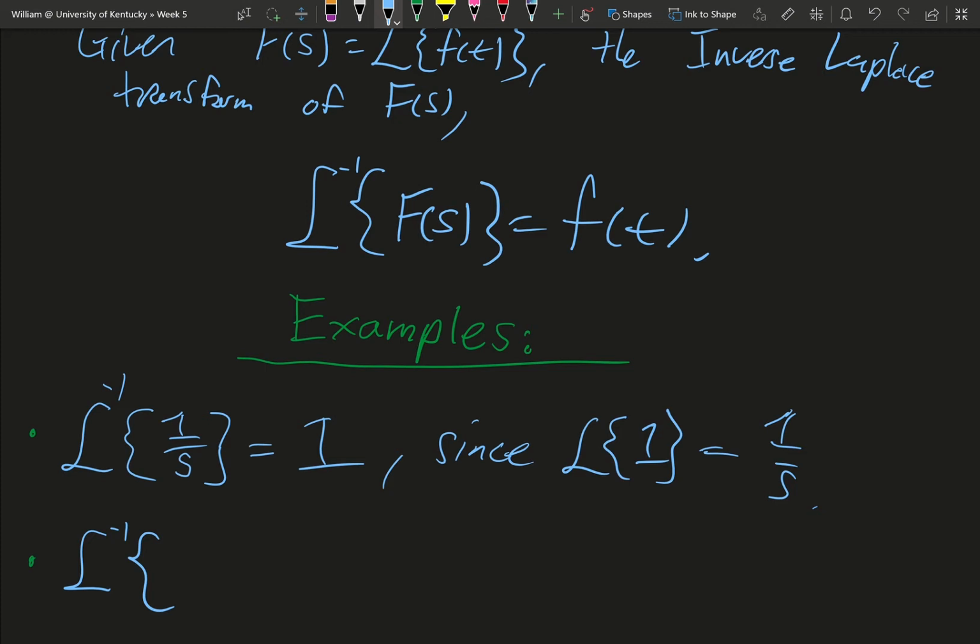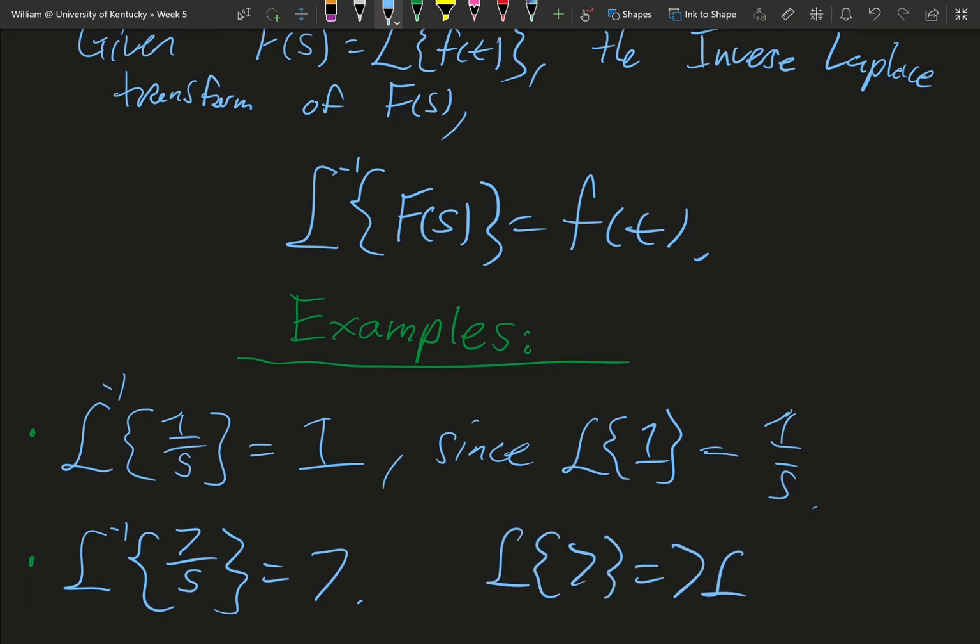Similarly, the inverse Laplace transform of 7 over s is going to be 7, because again, the Laplace transform of 7 is 7 times the Laplace transform of 1, which is 1 over s.